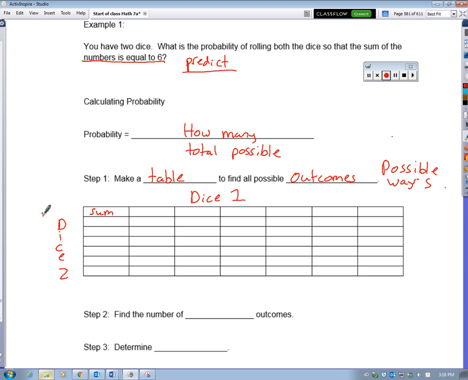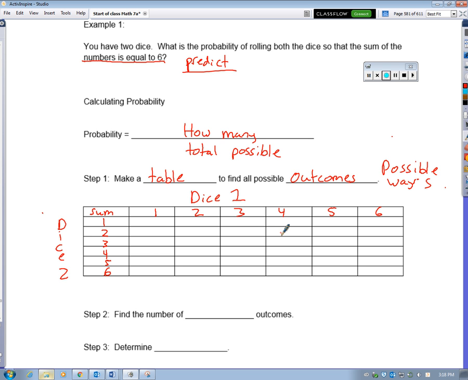On dice number 1, you could roll a 1, a 2, a 3, a 4, a 5, or a 6. And dice number 2, you could roll a 1, a 2, a 3, a 4, a 5, or a 6.